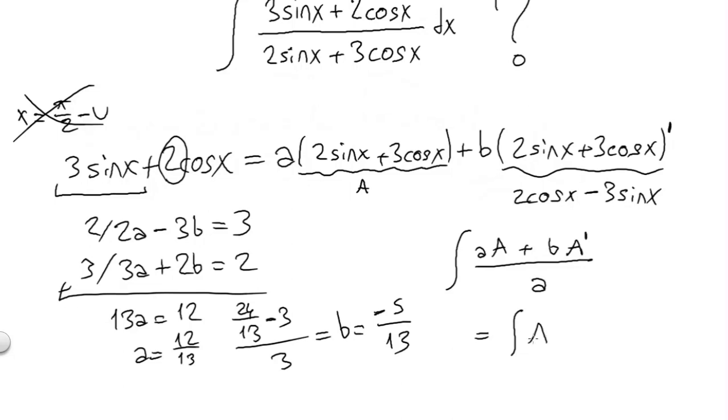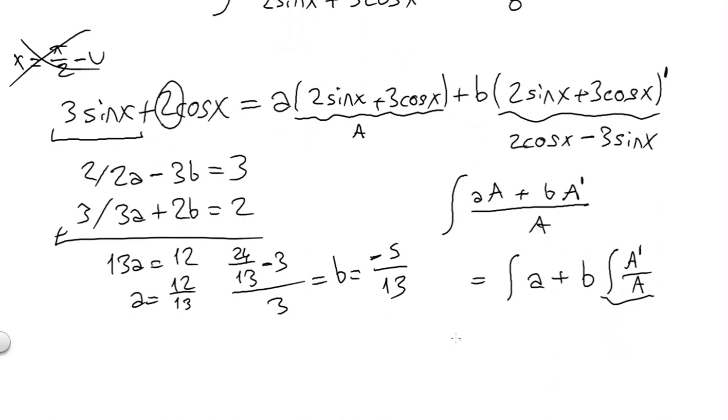This is a, and plus b times A prime over A, and I know that this is in general just ln of A. So I can actually finish it here.